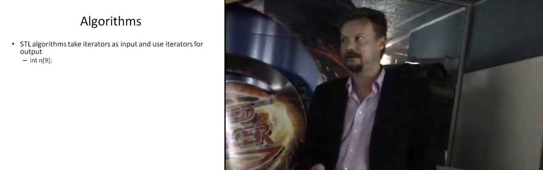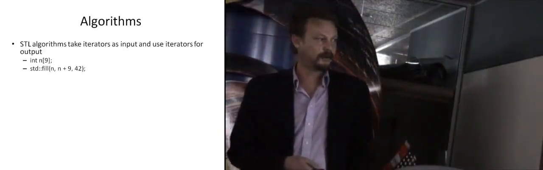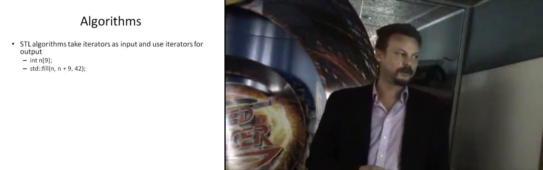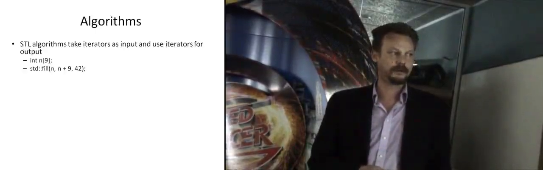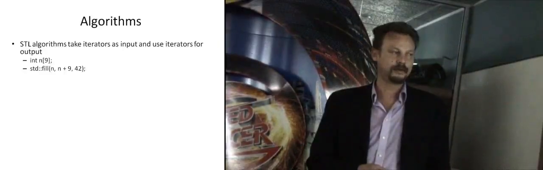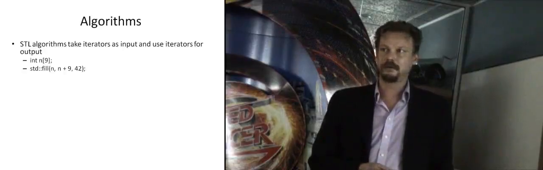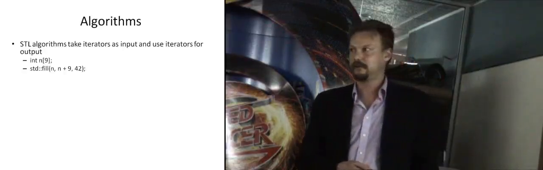It's got a begin and an end. And we can fill that container using an STL algorithm, fill, which takes a range to fill and a value to store. So we're storing from begin to end this value, and that will end up filling that sequence with the value 42, 9 times.